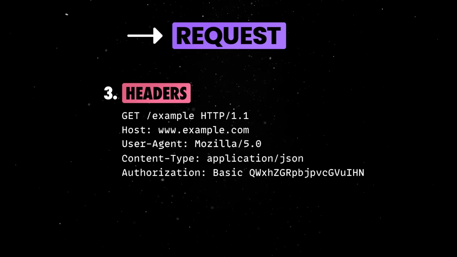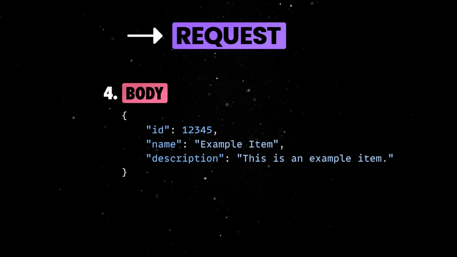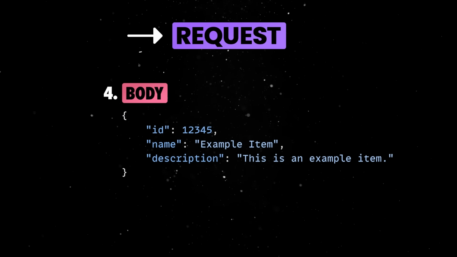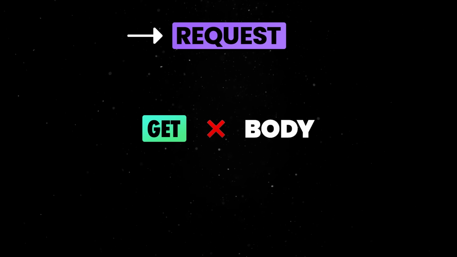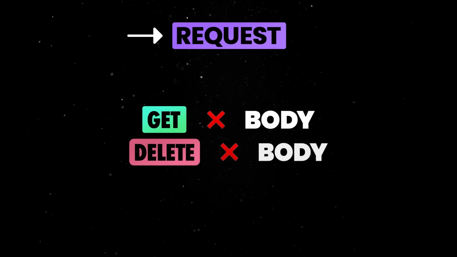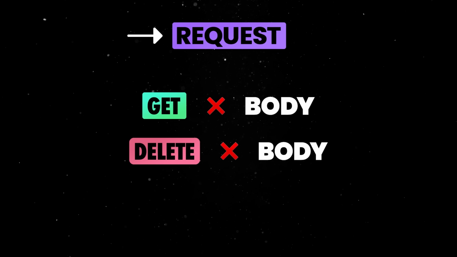And, finally, if the method allows it, a request body with additional data sent to the server. When sending a request body, a content type header indicating the media type of the resource should also be specified. Note that GET requests explicitly do not allow a request body, while delete requests typically do not use a request body, even though they are technically allowed to include one.